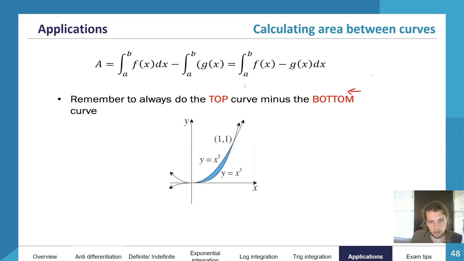So first we need to find where they collide. We're going to assume that they intercept at 0, and that they also intercept at 1. So we're just going to use the area between 0 and 1 here. And x squared seems to be the line on top. So we're going to do x squared to get this top area.